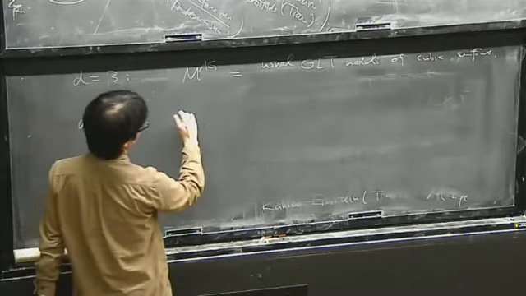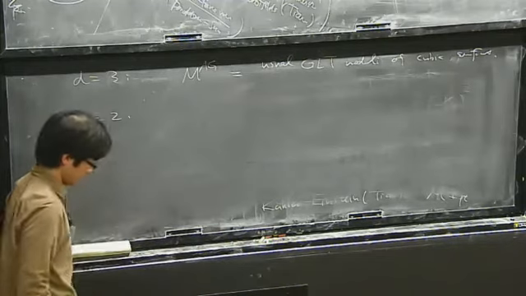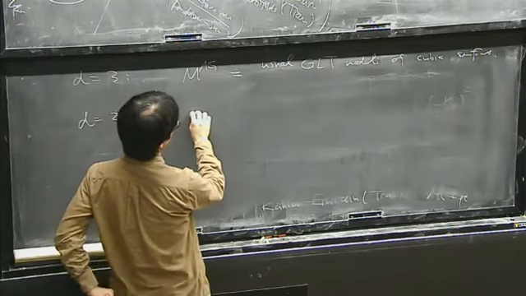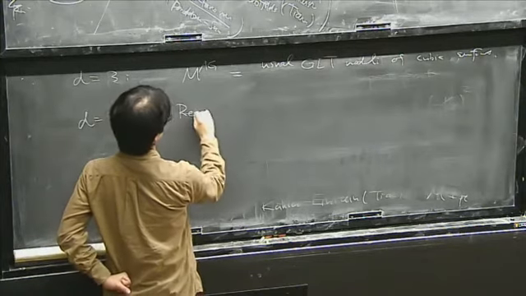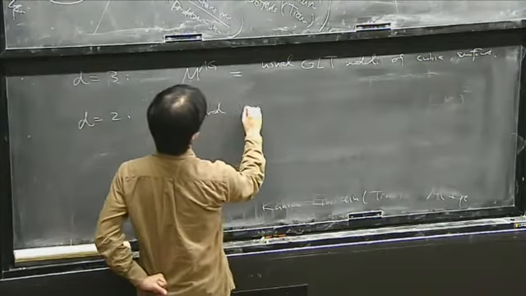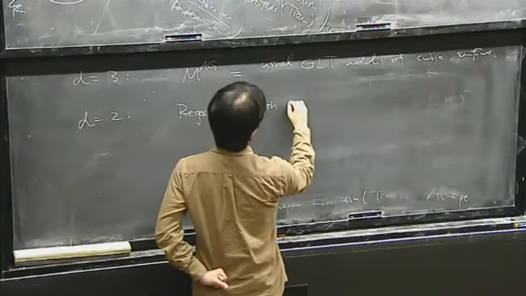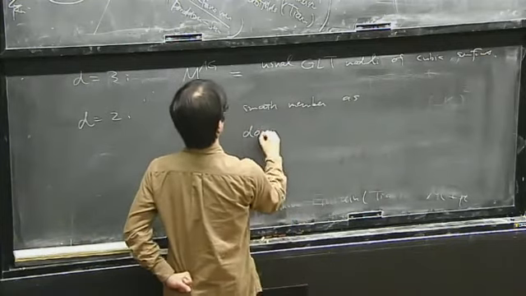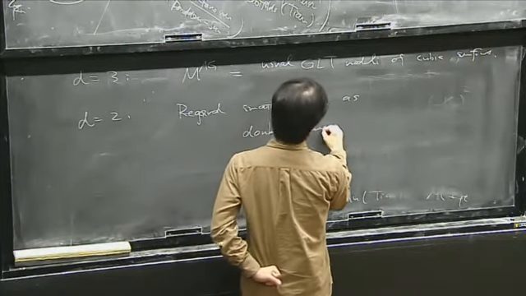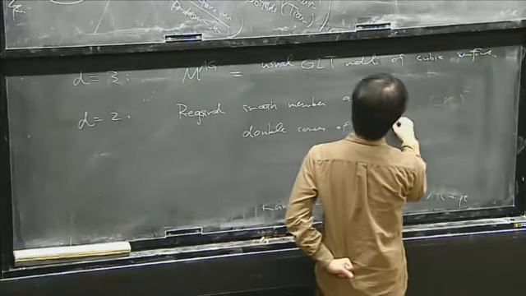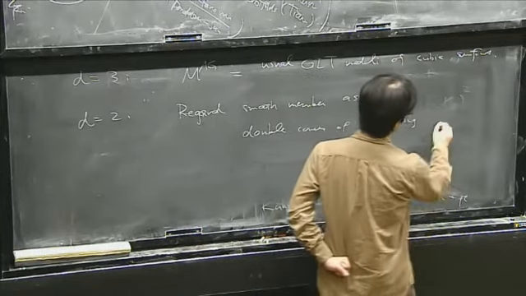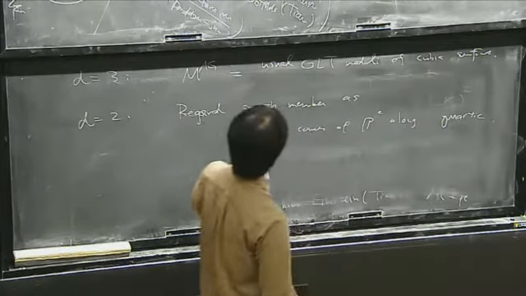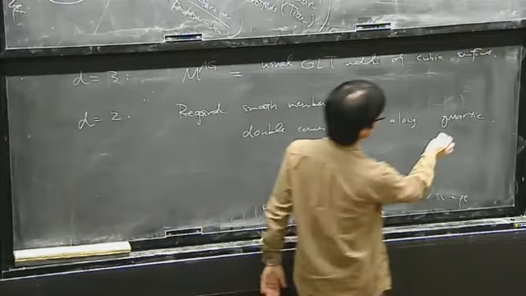What we do is we regard the general smooth member as a double cover of P2 along a quartic. So each member corresponds to some quartic.